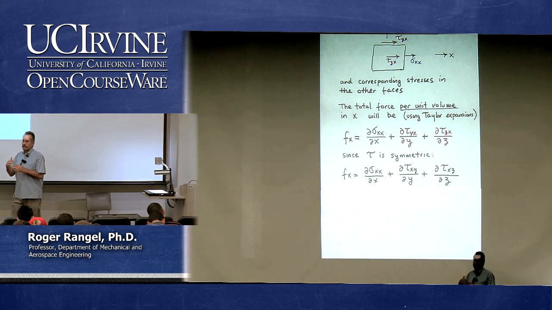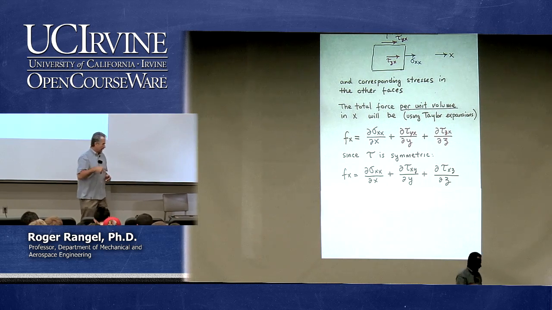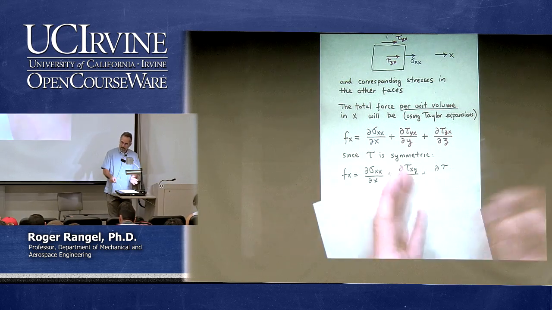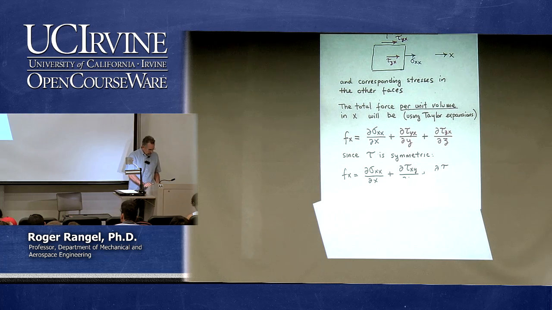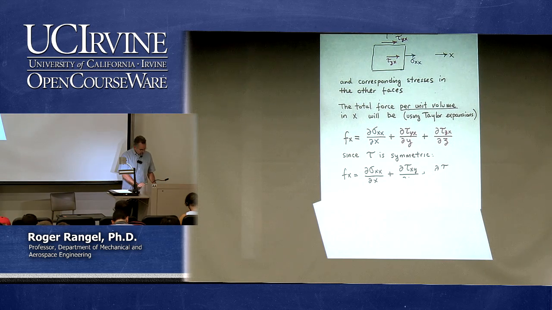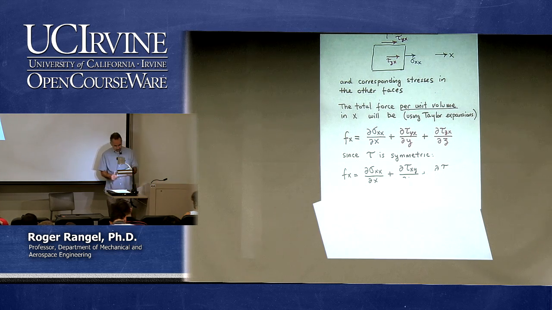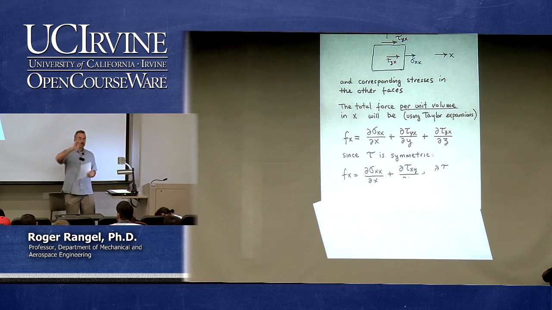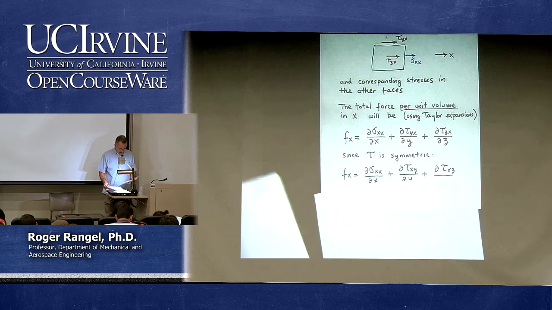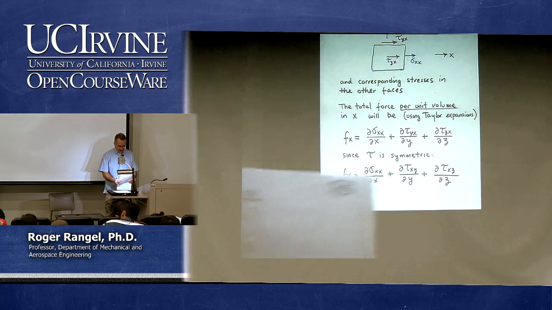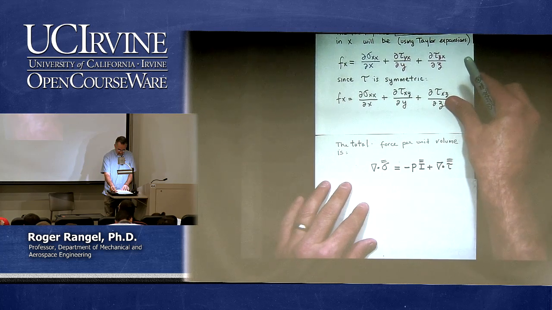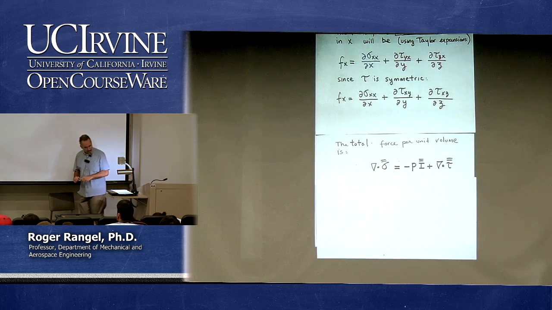And then, of course, you realize I have to do the same thing in the y direction and the same thing in the z direction. But we're not going to do that because you get an equivalent expression. When you put the one in the x direction, the one in the y direction, and then the one in the z direction, you put all of them together, you get this that you see at the bottom.